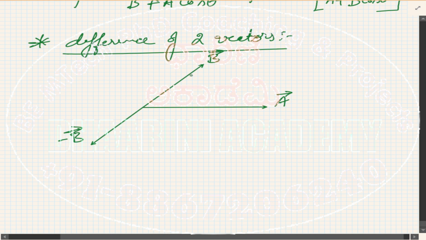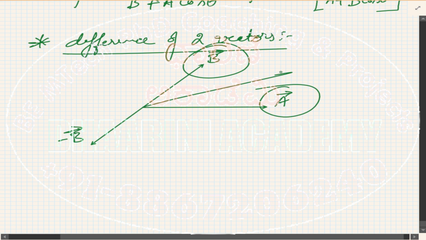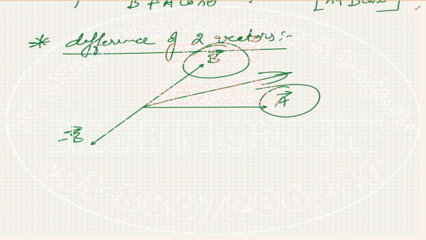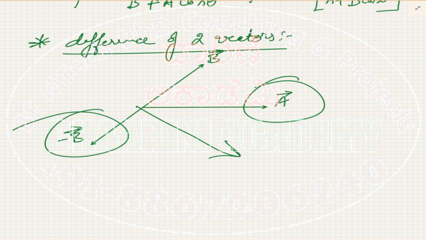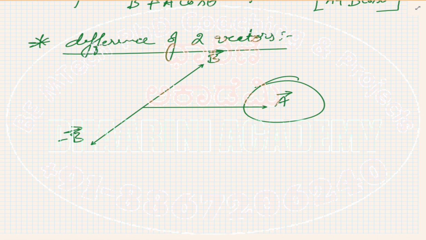Like the previous case, A plus B you get here. Now I'm trying to perform addition of vector A with minus B, so that whatever diagonal you are getting will be A minus B. That's our ultimate idea, right?